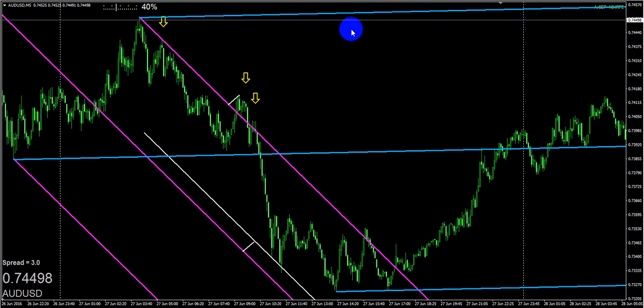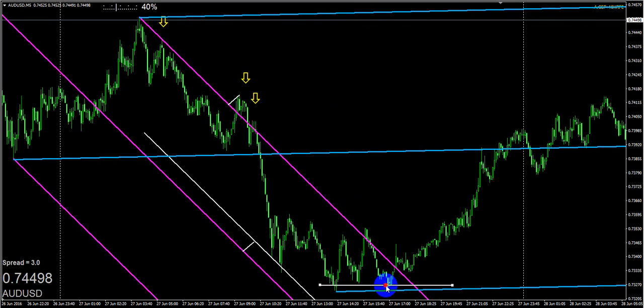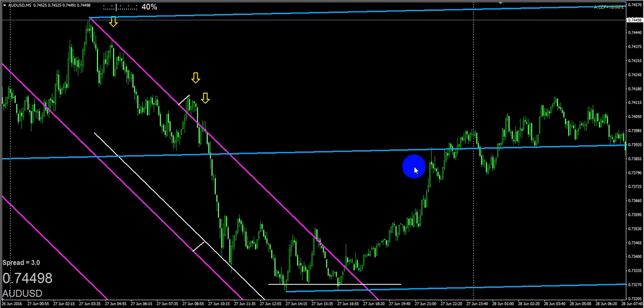It's also a double bottom there, so you could have gone long on the retest of the bottom, the triple bottom actually. The triple bottom could have gone long in here, and your first target would have been the median line.